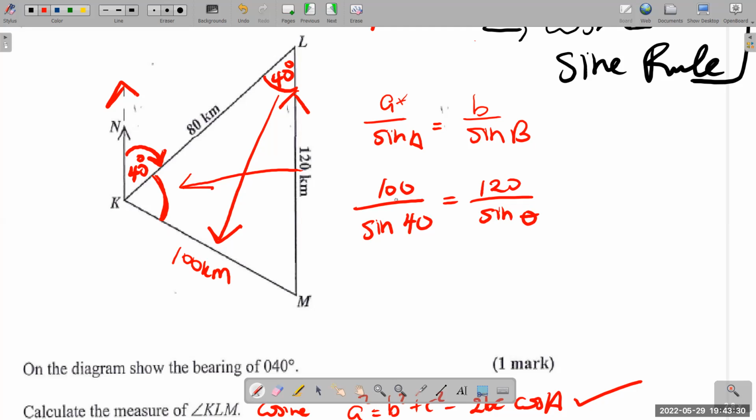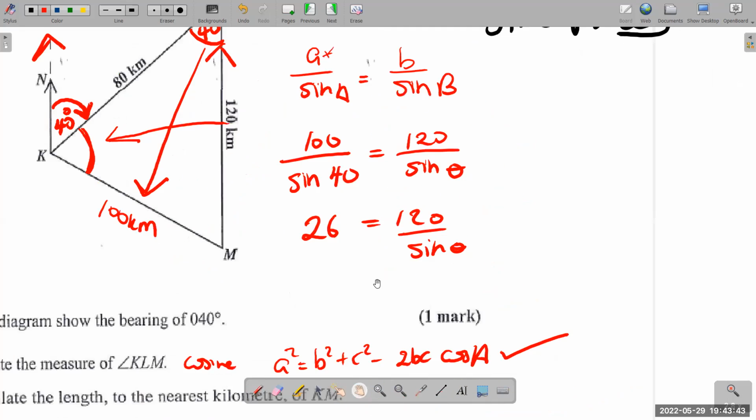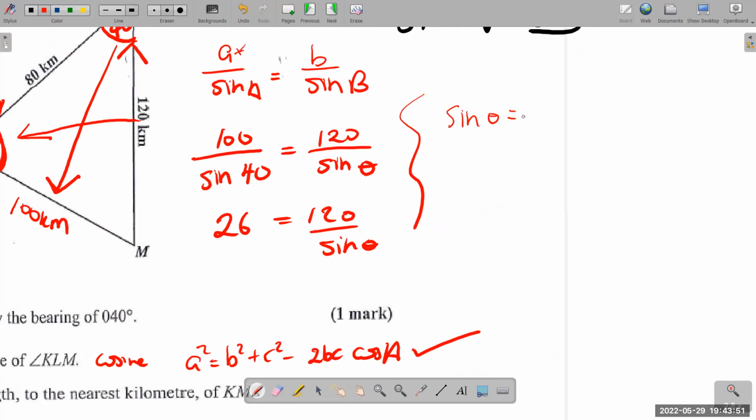So when you finish, you're going to get a number over here. So let's say you get 26. 26 is equal to 120 over sine theta. What do you do next? Because we want sine theta, what do we do next? We switch, right? We transpose. So we're going to end up with sine theta equal to 120 over 26. And when we do that, we're going to get an answer. So sine theta is equal to 4 point something.